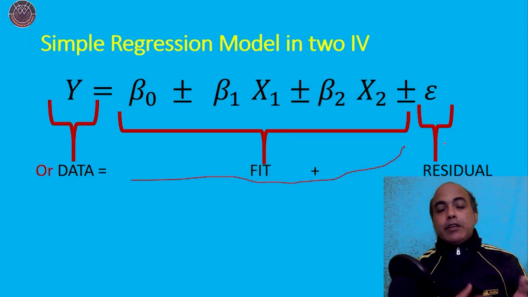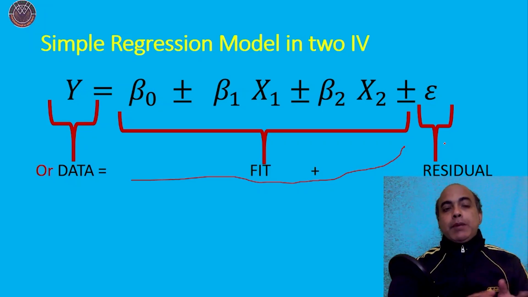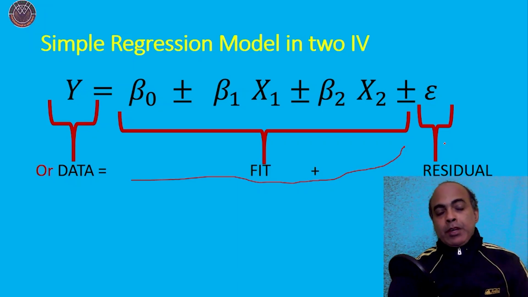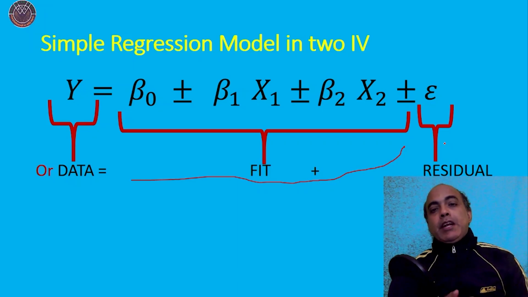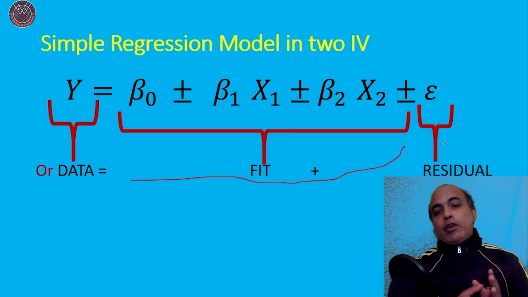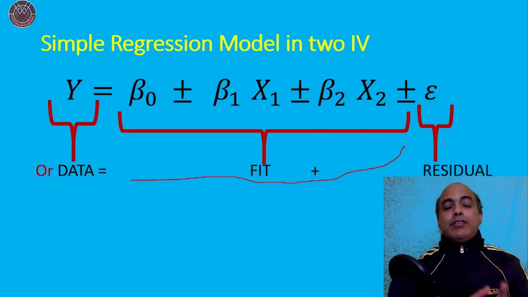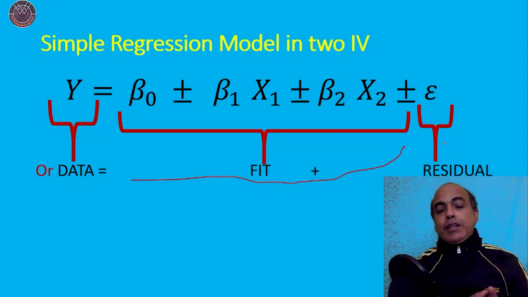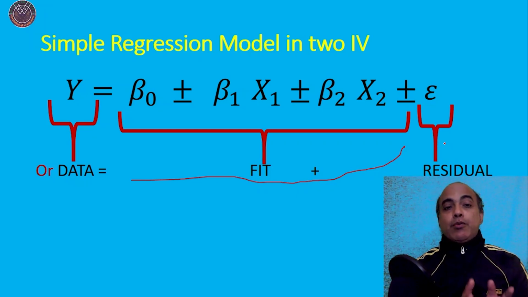That's why plus minus both signs are there for epsilon or the residual term. So it can be a little bit more than the exact value, or a little less than the exact value. The combination of the predicted value and the residual will give you the exact data.